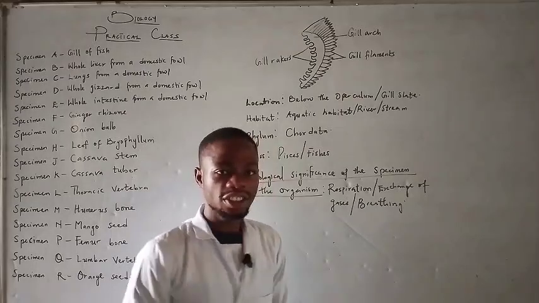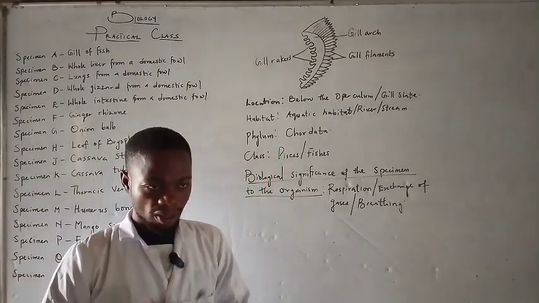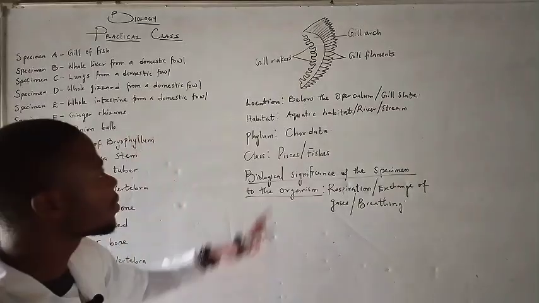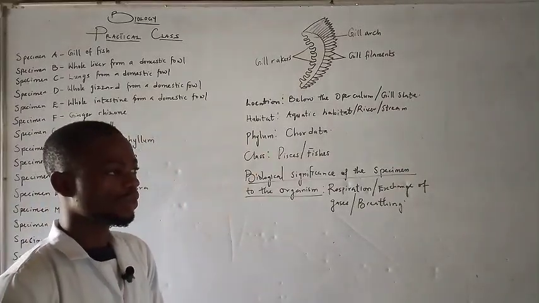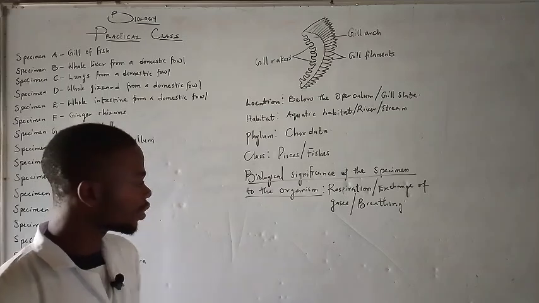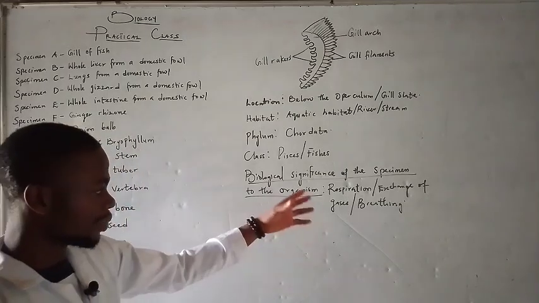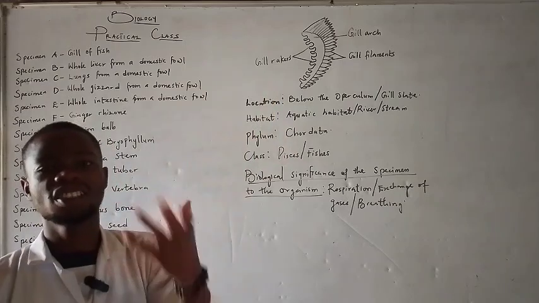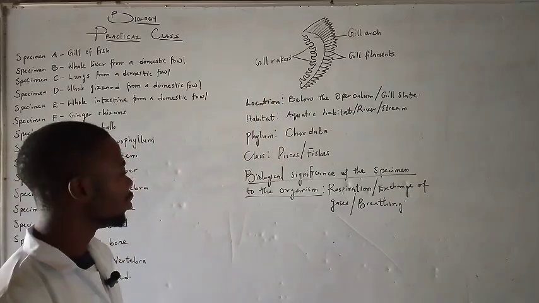You can be asked those characteristic features that adapt this specimen to its function. The gill is a respiratory organ. So it has some characteristic features that adapt it to its function.